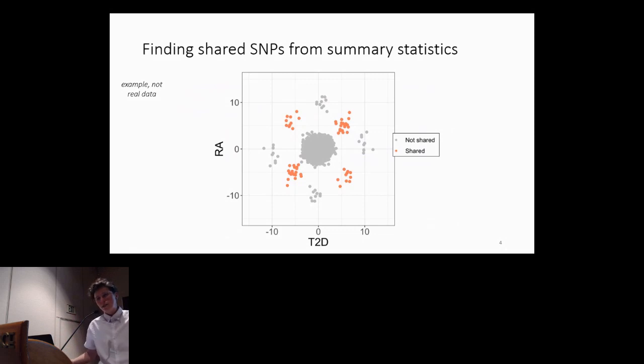Again, for these two traits, for each SNP, which is a dot in the plot, we can plot the effect size of trait X on the x-axis and of trait Y on the y-axis.